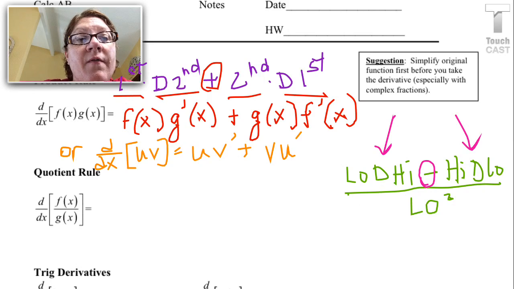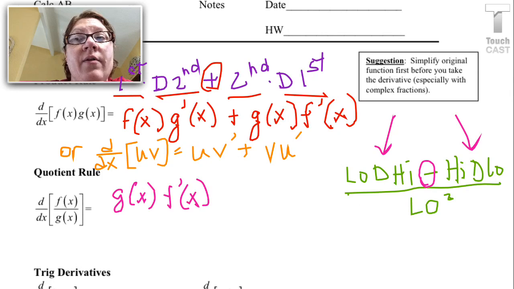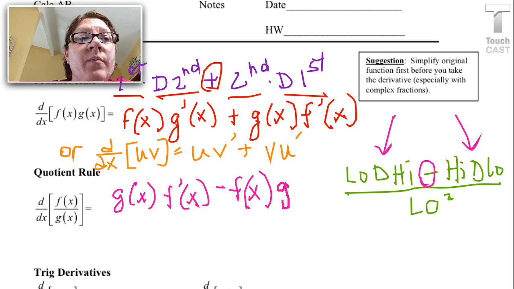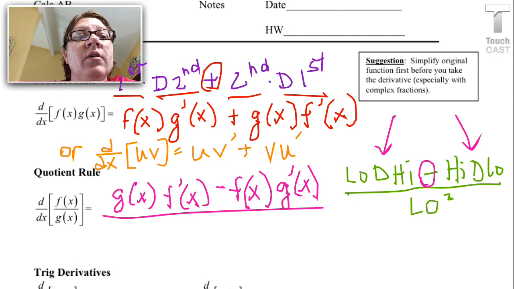And so what it looks like a little more formally is low, which is g of x, d high, which would be f prime, that's the derivative of the high, numerator, minus high, so the high is f of x, d low, so that would be g prime, derivative of the low, all over low squared.